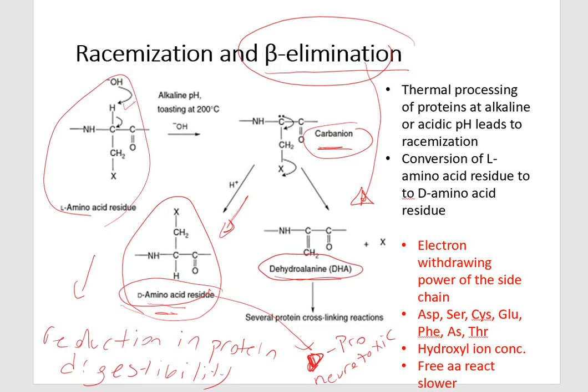So depending on the situation, it can be desirable or undesirable. In some cases, protein solubility decreases. Protein loses some of its functional properties, like emulsification. Okay, it depends on the endpoint and the end use. Okay, let's move on.